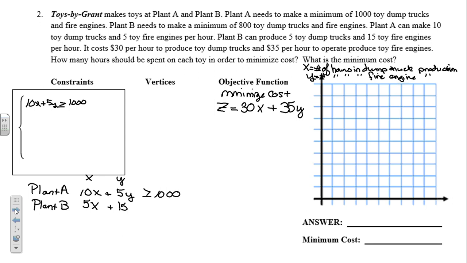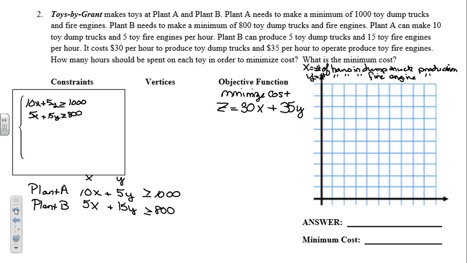And that's got to be greater than or equal to the required amount, so write that constraint. So far so good?